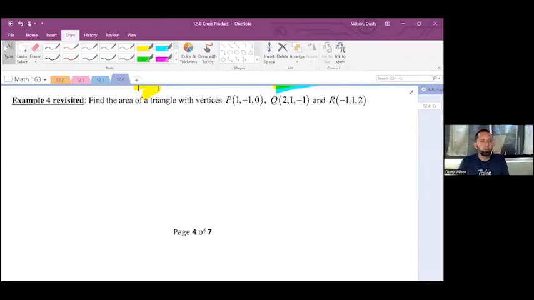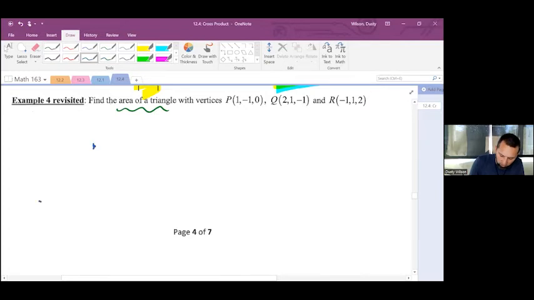Example 4 revisited. Find the area of a triangle with vertices P, 1, -1, 0, Q, 2, 1, -1, and R, -1, 1, 2. So this is the same situation we talked about earlier, but our question has changed. Now we are trying to find the area of a triangle. And so we have these 3 points, once again, P, Q, and R, and we recognize that they form a triangle.